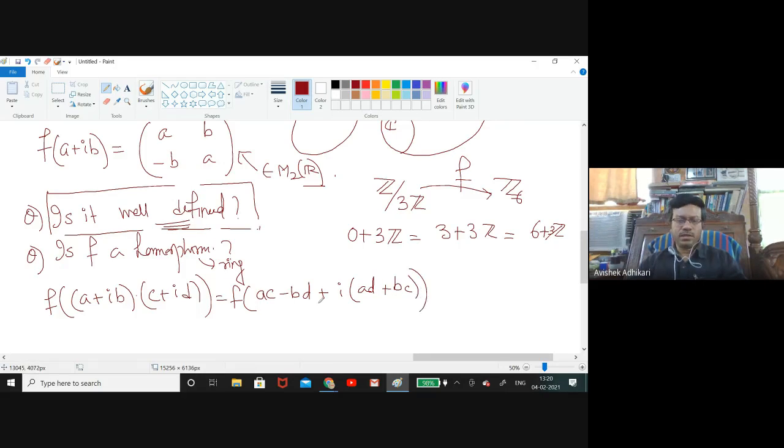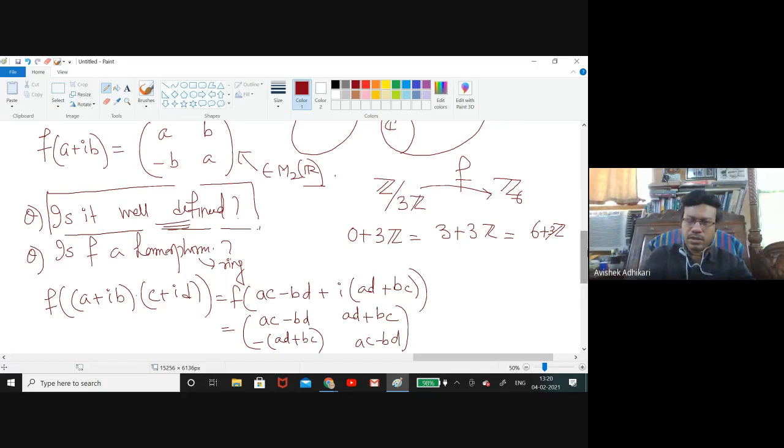And then it should go into the matrix: AC minus BD, AD plus BC, minus of AD plus BC, and here AC minus BD. So that's the f of the product.